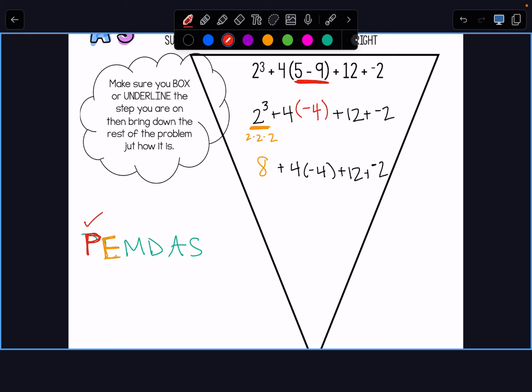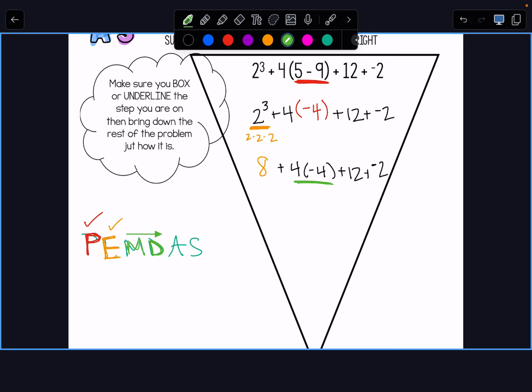Okay, we've done parentheses, we've done exponents. Now, and I'm going to write my arrow on the top, multiplication and division are tied. How many multiplication and divisions do we have? Oh, we have 1, right?